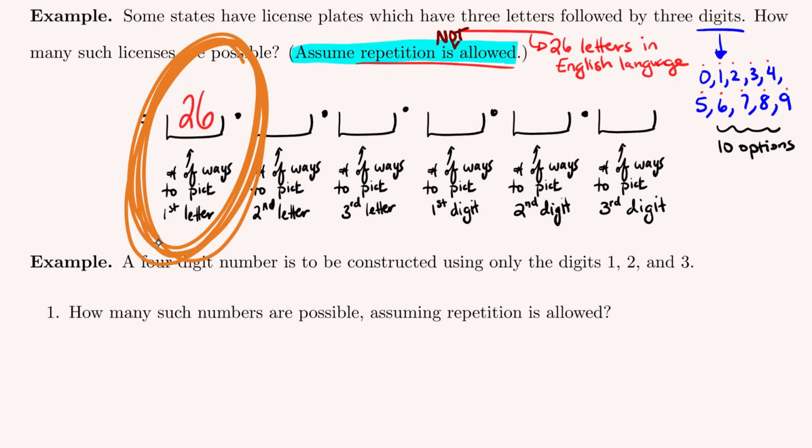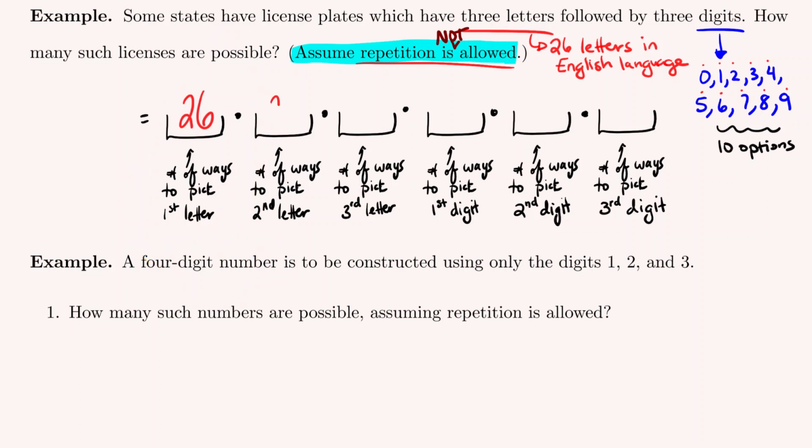And since I cannot repeat letters, I no longer can use that letter again in subsequent choices. So since I've used up one of them, 26 minus the one I've used means there's only 25 letters available to choose as the second letter to avoid repetition.